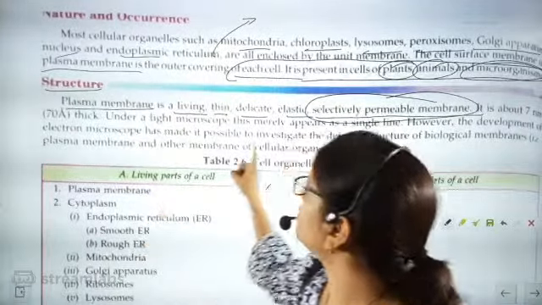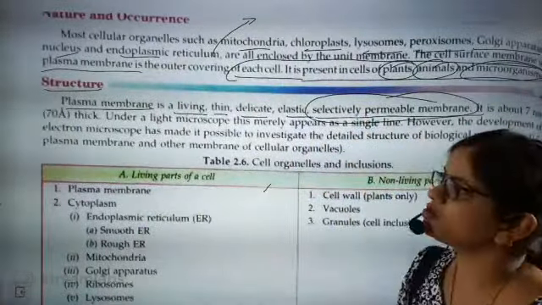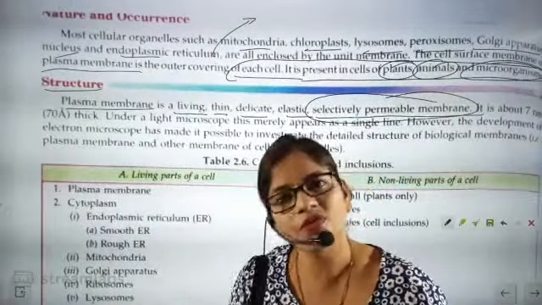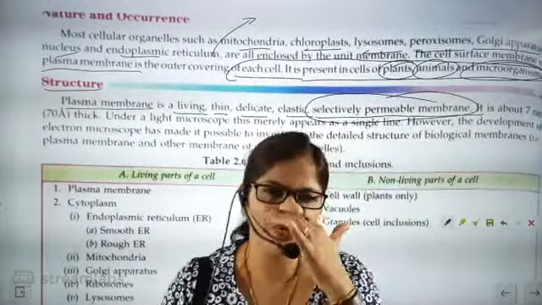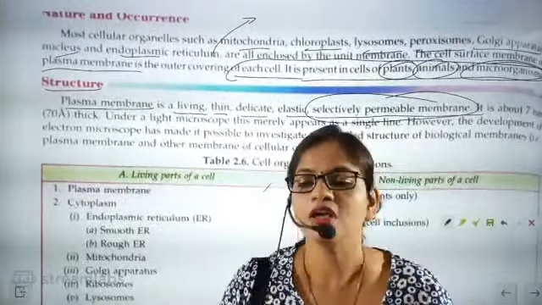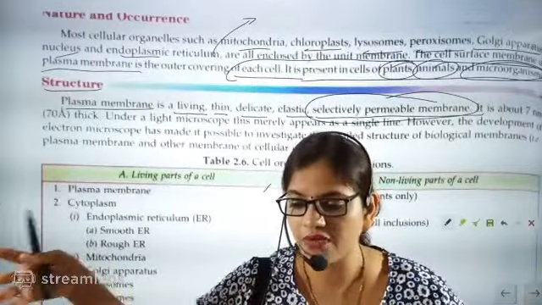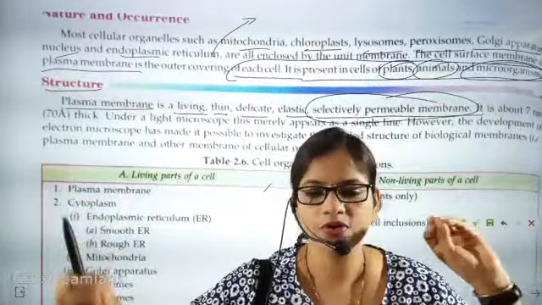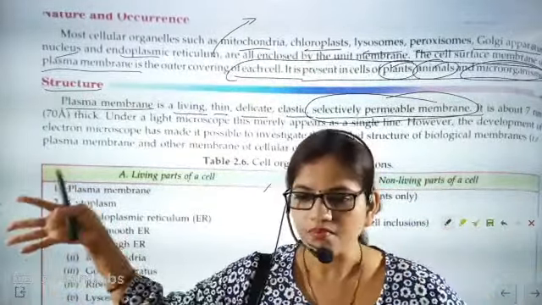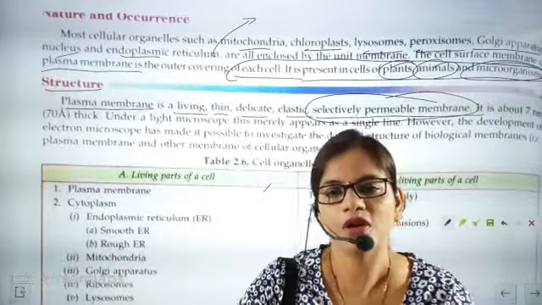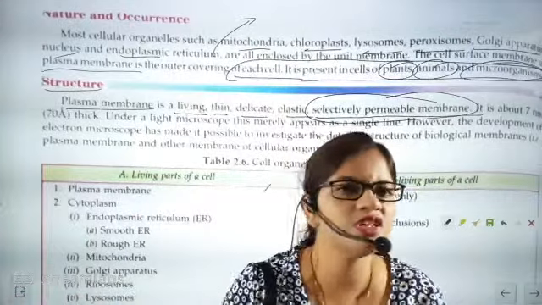But beta, the plasma membrane is called selective because of its super fantastic work: it allows whatever is needed inside. Tell me one thing, if some stranger or a very big stone tries to enter your main gate, will you allow that stone or unwanted things inside your house?